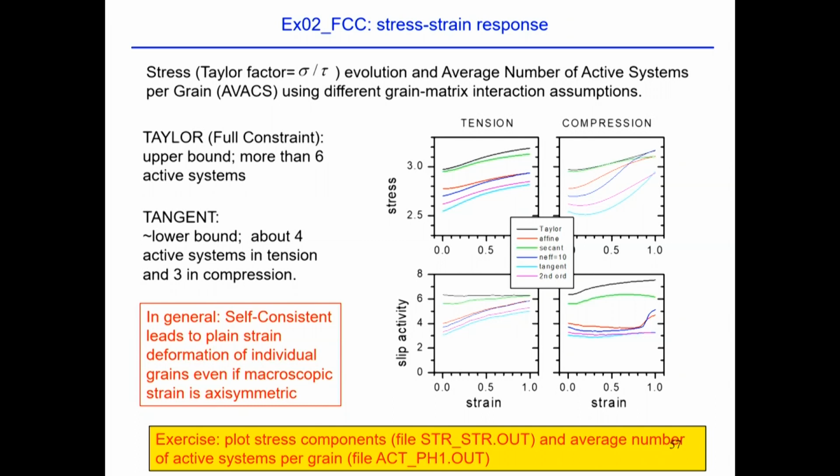So what do we get when we run this code? Well, the first thing is in this example, the code was run for all the possible interactions that are available, in tension and compression, to highlight what is the difference between using each condition.